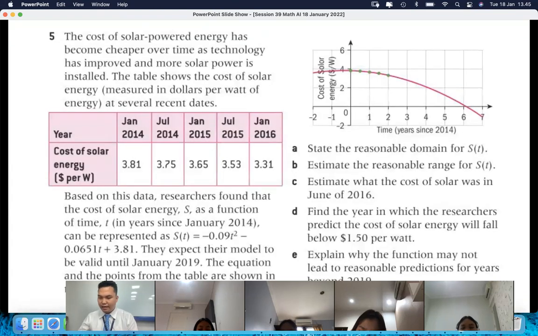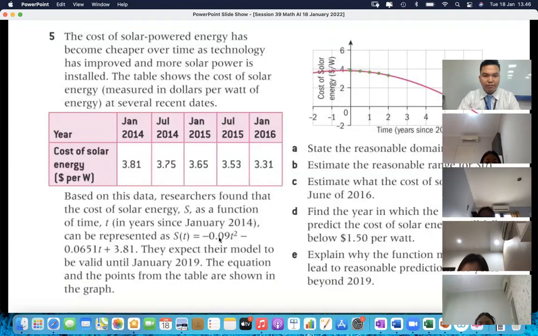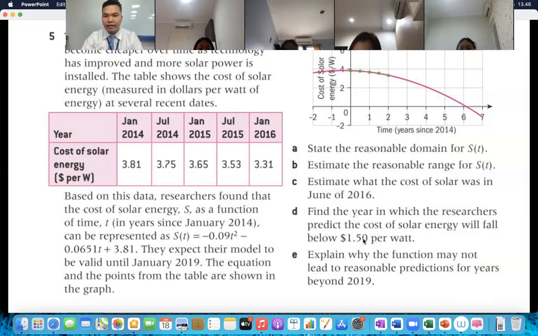So this is actually last time. Okay, last time, we came up with the equation minus 0.09 t squared plus 0.0651 t plus 3.81, equal to 1.5.